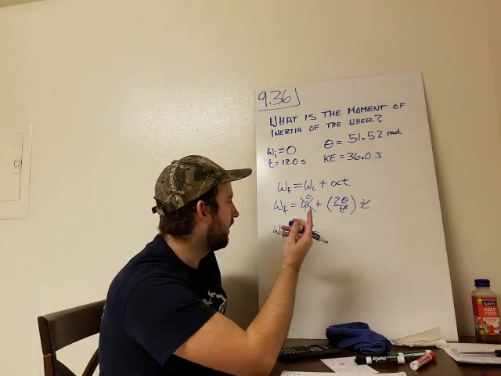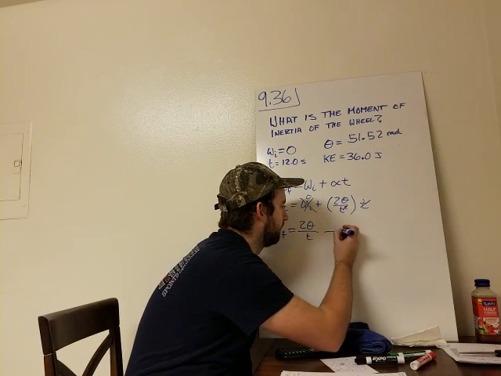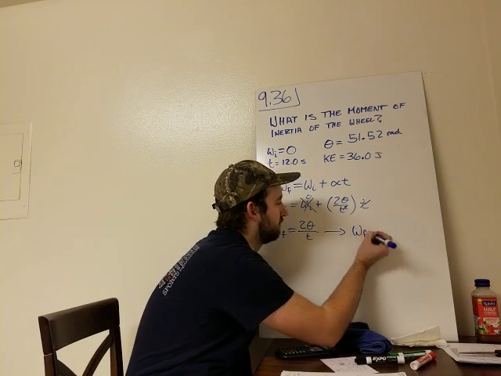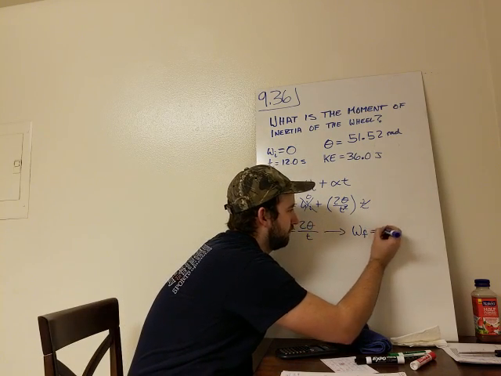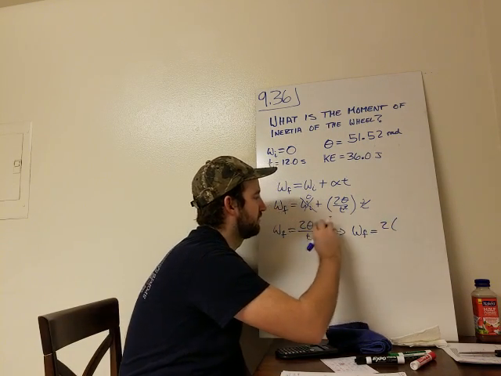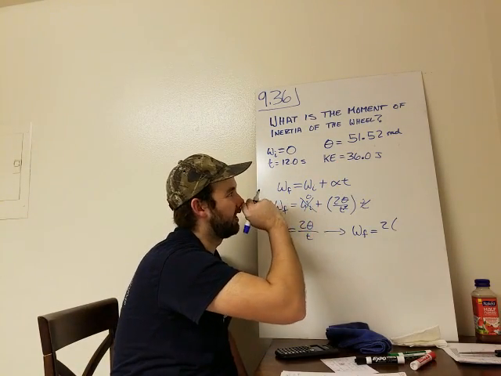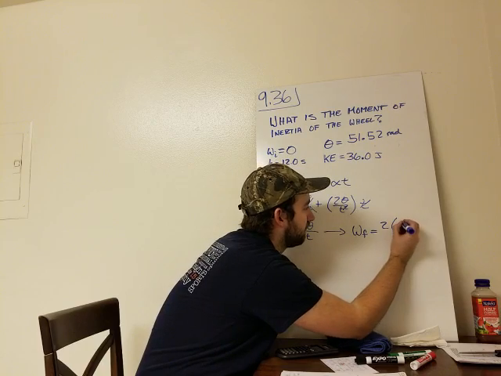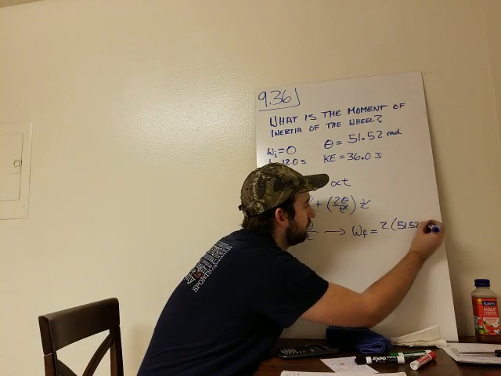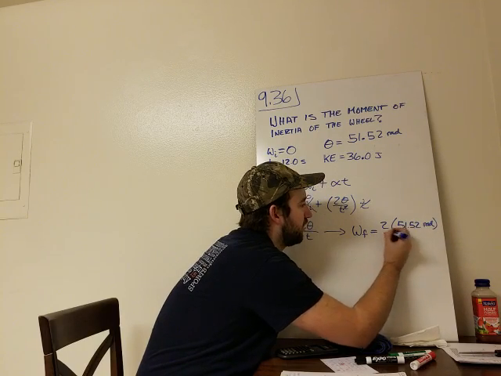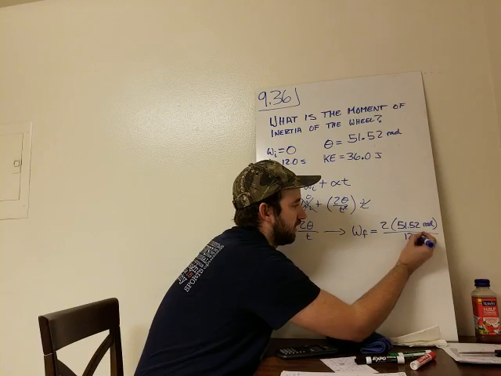And so now we can plug that in, and we end up getting that the final angular velocity is equal to 2 times our displacement, since we already converted that to radians, 51.52 radians over time, which is 12 seconds.